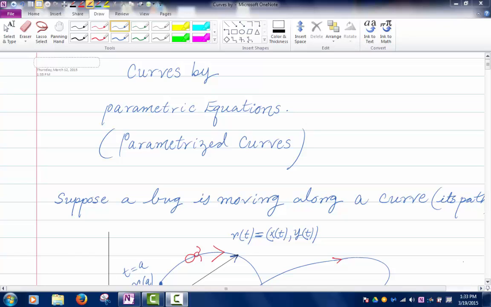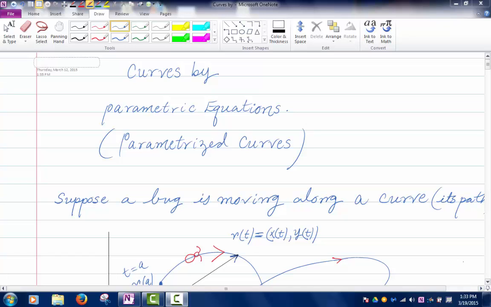So curves in space, as well as surfaces in space and so on. But we are going to be looking at curves which are called parametrized curves, and we also say these are curves defined by parametric equations.